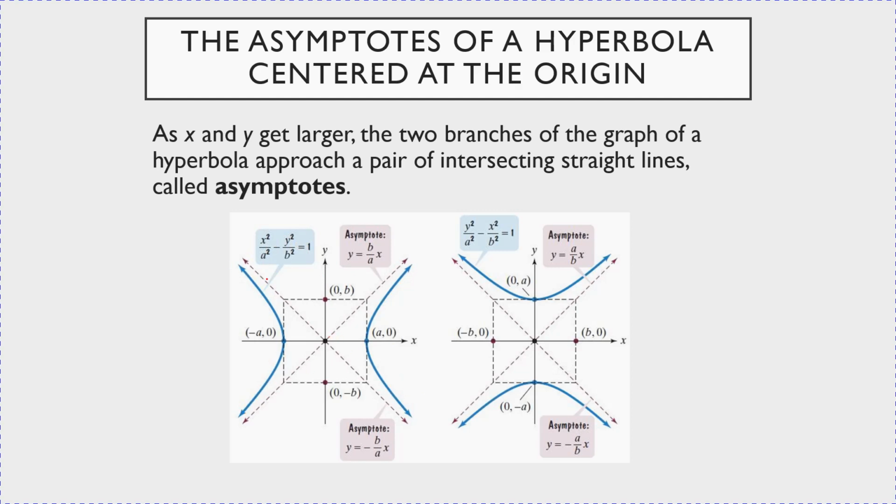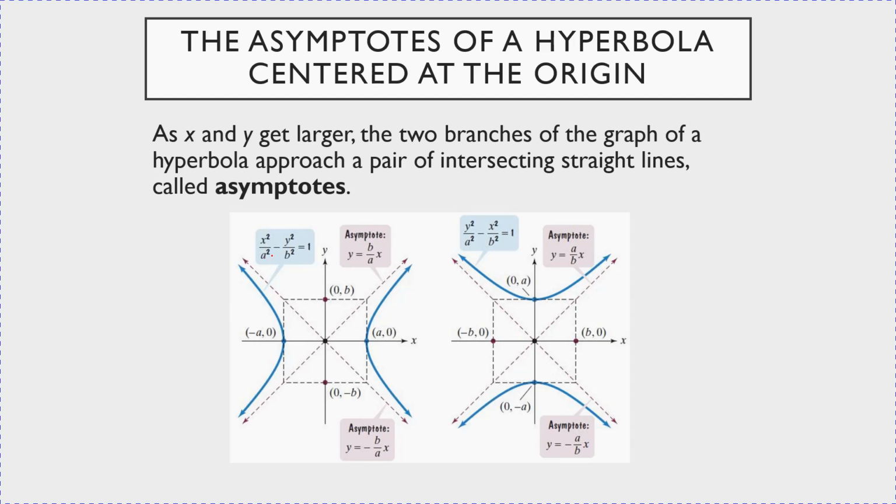And you're going to notice these are the 2 slant asymptotes here, and your graph is going to butt up against those. If you have y squared divided by a squared minus x squared divided by b squared is equal to 1, your hyperbola is going to look like this, and you're going to use these asymptotes to help you sketch it.